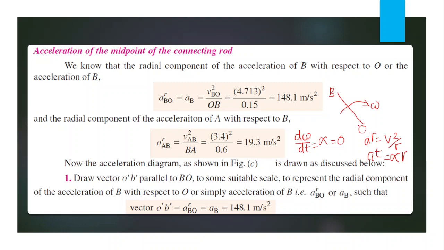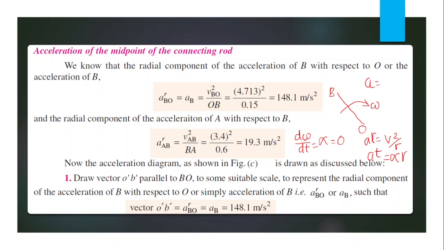For this link OB, the tangential component is alpha into r, which is equal to 0, because alpha is 0. The total acceleration is the vector sum of the radial and tangential components. If the tangential component is 0, then the total acceleration is the radial acceleration only.